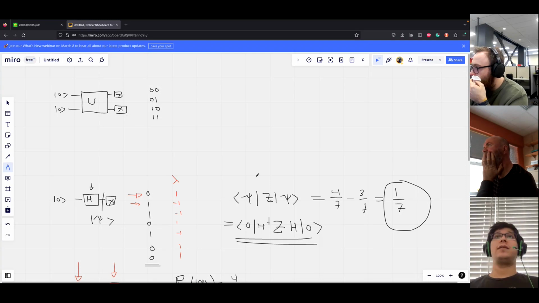In this case, we have 2 qubits, so that means our observable is C to the tensor 2. We can write this as C tensor C. And we will follow the same recipe.